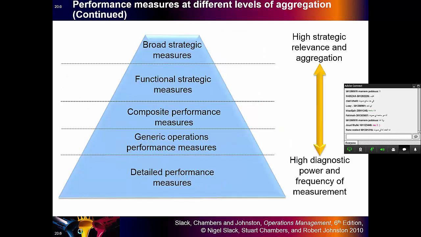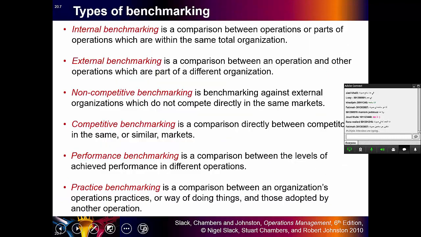If we see this figure, it gives us an idea that if we go up, that means we go to the high strategic relevance and aggregation, and down, which is the diagnostic power and frequency of measurement, and disaggregation. Benchmarking. What is the meaning of benchmarking?